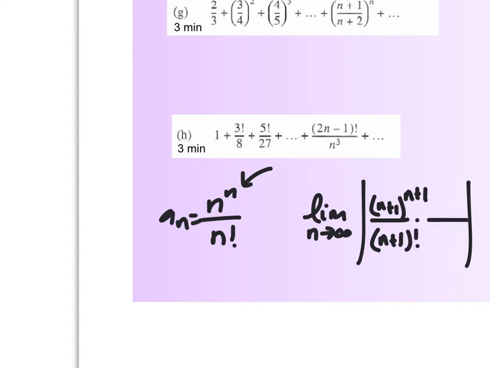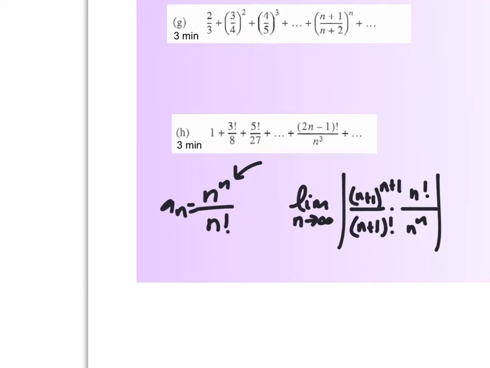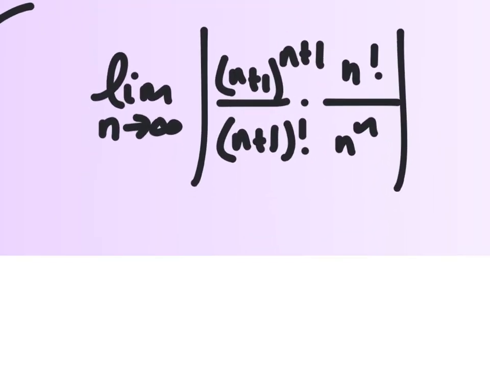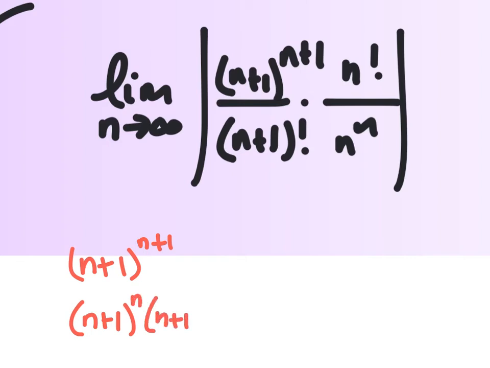The original, but I'm going to take the reciprocal of that, n factorial over n to the n. Now I've got to do some algebra here. I'm going to take n plus 1 to the n plus 1 power and turn that into n plus 1 to the nth times n plus 1.